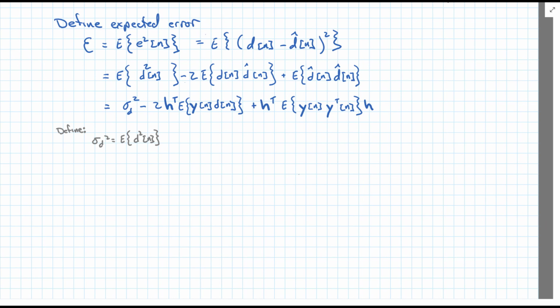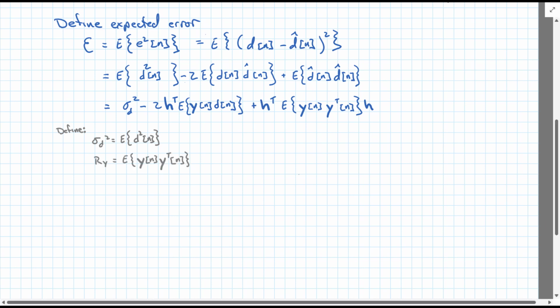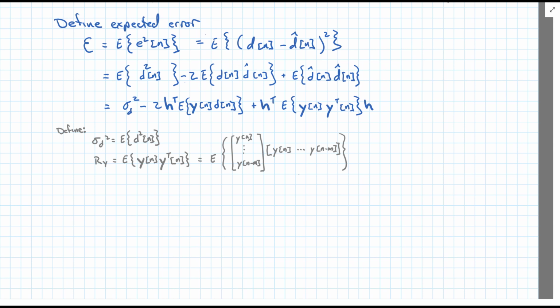We're also going to define the quantity R_y, so R is a capital letter, it's a matrix. The expected value of y y transpose. This is going to be an outer product, and it's called the correlation matrix.